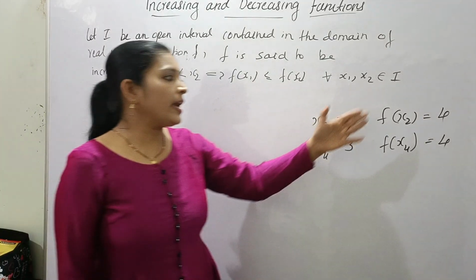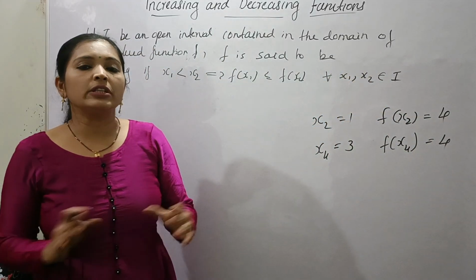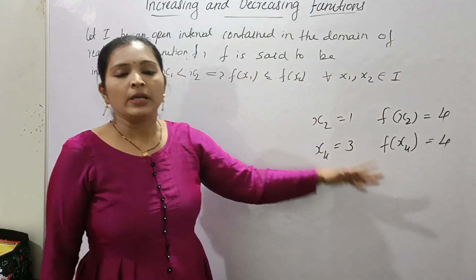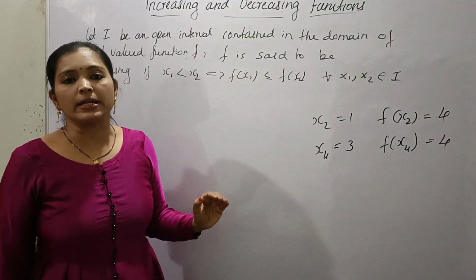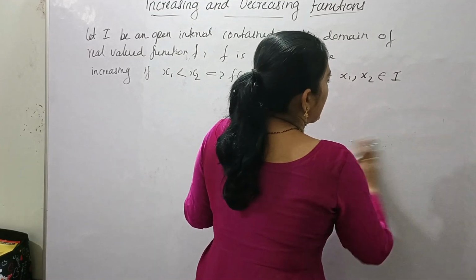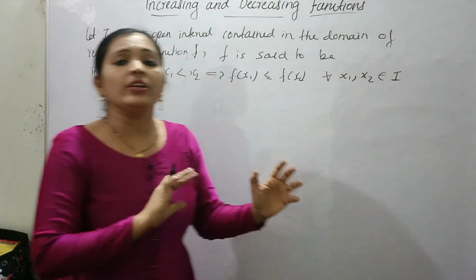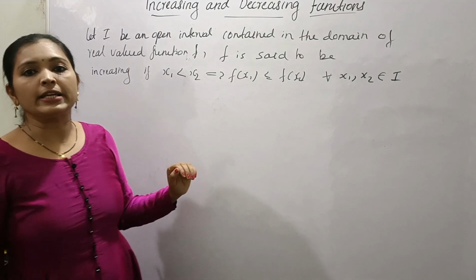Otherwise, if we get only increasing values with no same values, in that case we say the function is strictly increasing. That is, as x increases, f of x increases with no same values, then we say the function is strictly increasing.